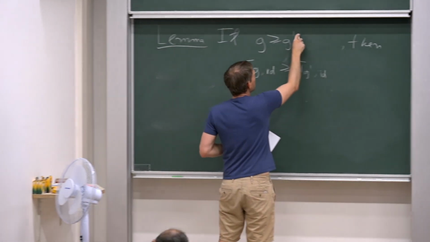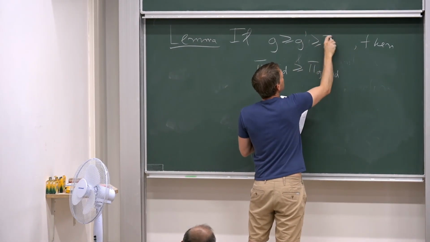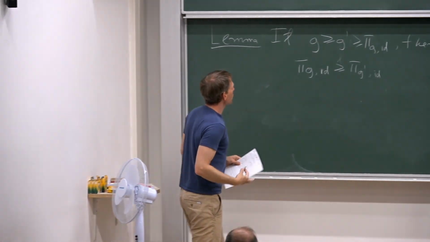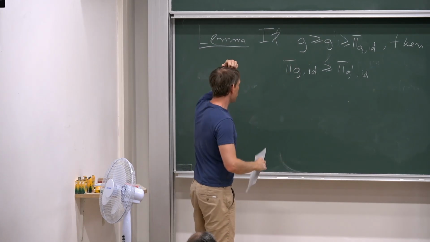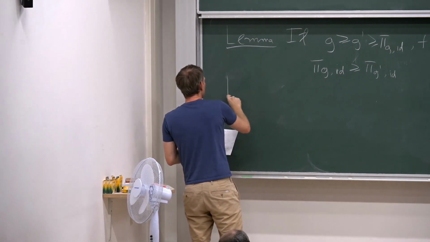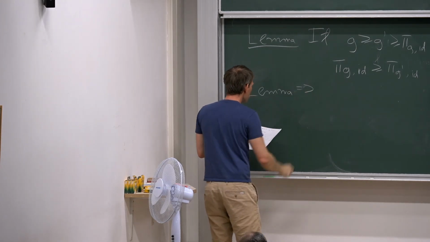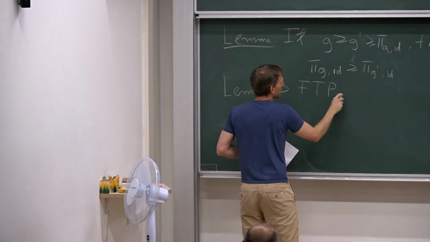And in fact, I want to state it in a slightly weaker form, even though it's still true without this assumption. Let's assume also here that it's greater or equal than the projection of the first element. I will draw in a moment a picture illustrating that, but once I will draw the picture, I will want to convince you that this lemma implies the fellow traveler property, at least one side.